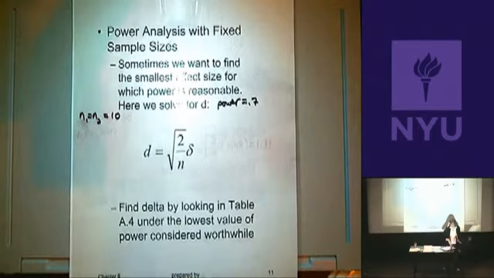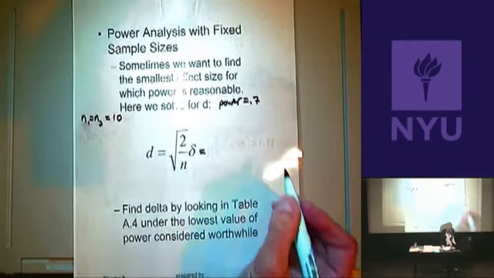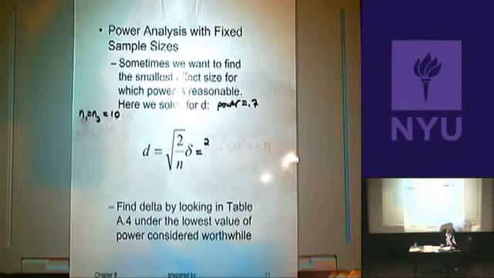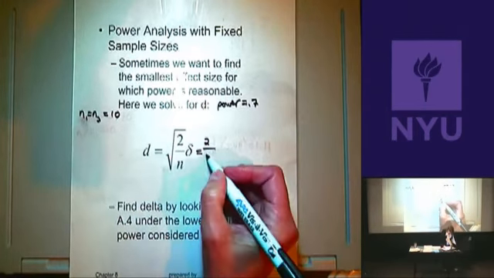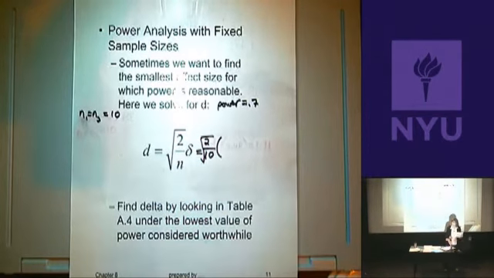So now what do I do? Well, what do I have here? I have 2 divided by what? 10, yeah. So what am I still missing? What do I not have? Delta. Where do I get delta from?